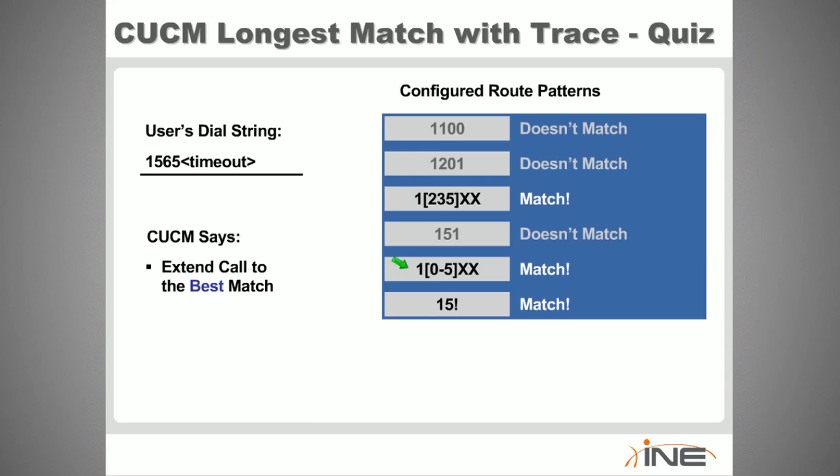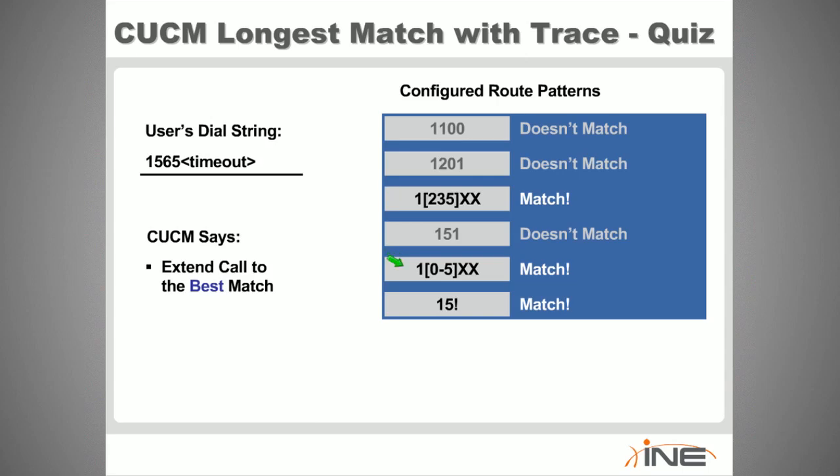They would have to have the urgent priority checkbox. Someone said a hash. If they had a hash, then the user would have had to dial a hash. But if either of these had the urgent priority checkbox checked, that says this is a match. Do not continue to wait for more matches.